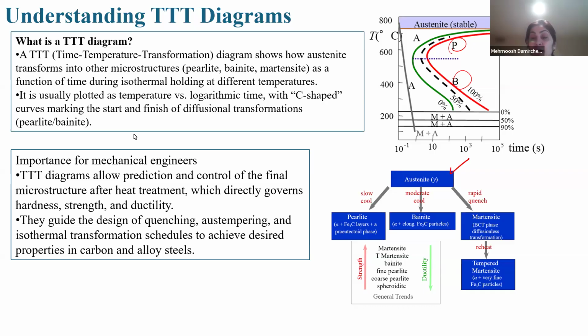These three horizontal lines that you see here, 0%, 50%, 90%, mean the start of martensite, 50% of austenite converted to martensite, and 90%.